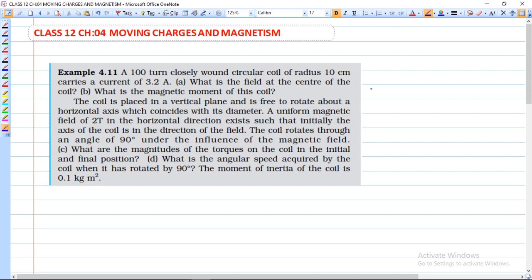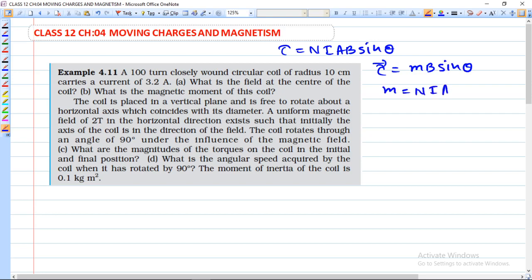In the previous section, we derived the formula of torque acting on the coil. The torque was NIAB sin theta, or tau is equal to MB sin theta. What is M? M is equal to NIA.